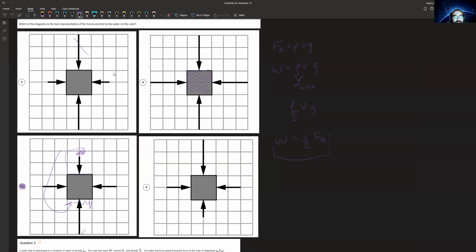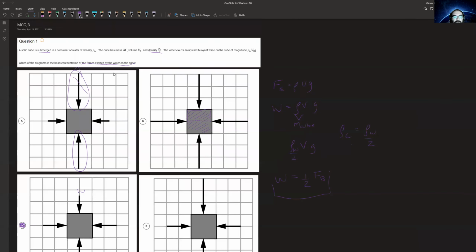In reality, they just want us to see the forces exerted by the water on the cube. If this cube is small enough, the difference between the top and the bottom forces is really small, but it's still enough to create a buoyant force.